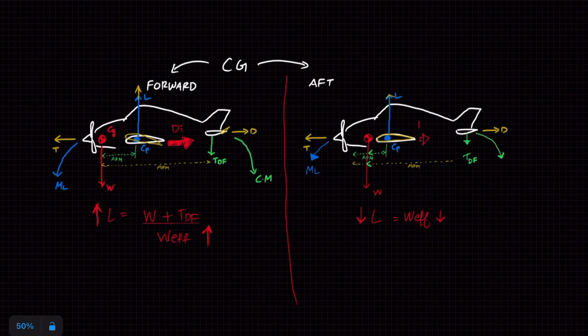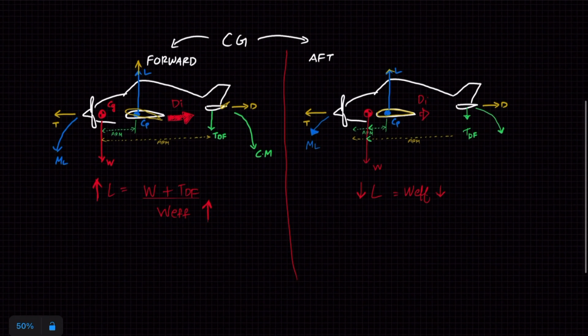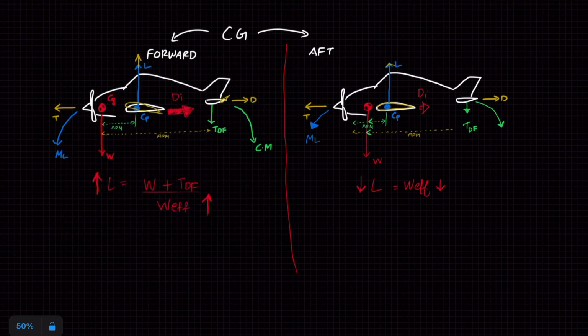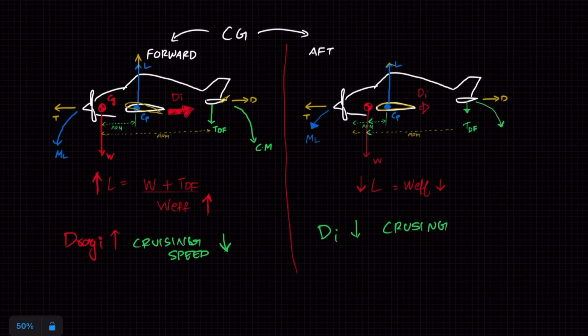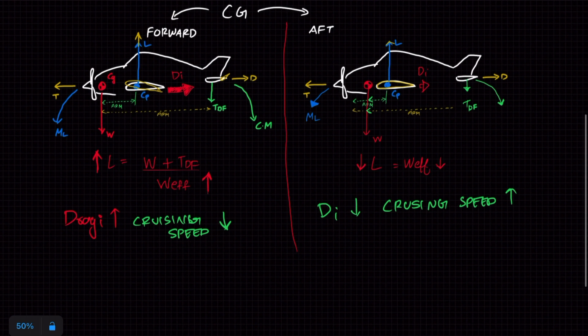So flying with a higher angle of attack creates more induced drag. As the induced drag increases, the plane's cruising speed is lower. Whereas for the plane with aft CG, since the induced drag is much smaller, the cruising speed is higher, so the plane reaches the airport much quicker, burning less fuel.